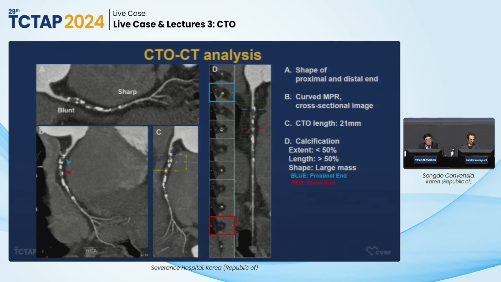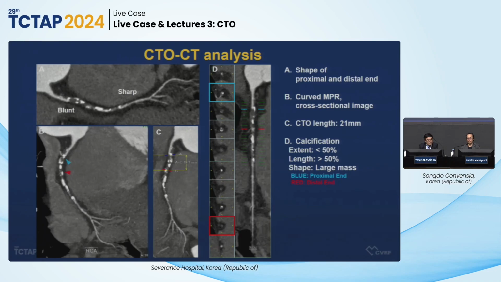Especially at the side branch with the proximal stump area, from the analysis, the calcium content is less than 50%, so it's a good candidate for antegrade puncture.